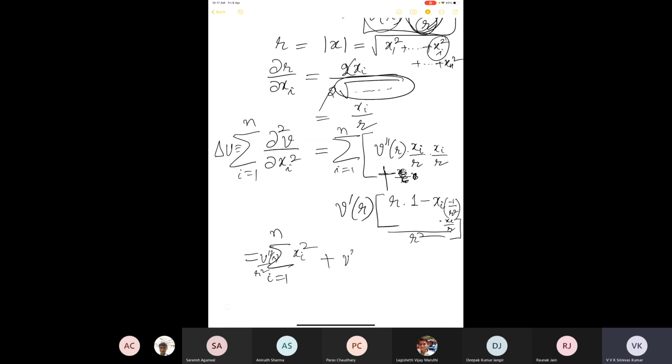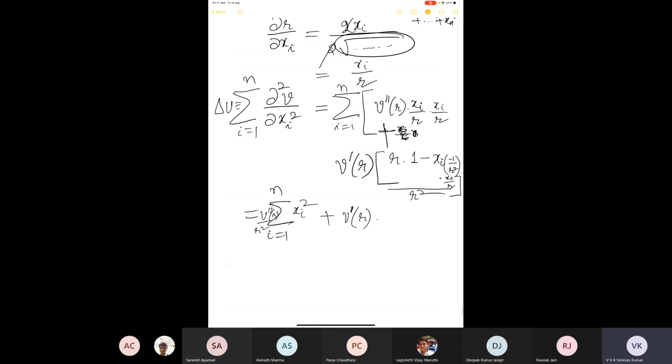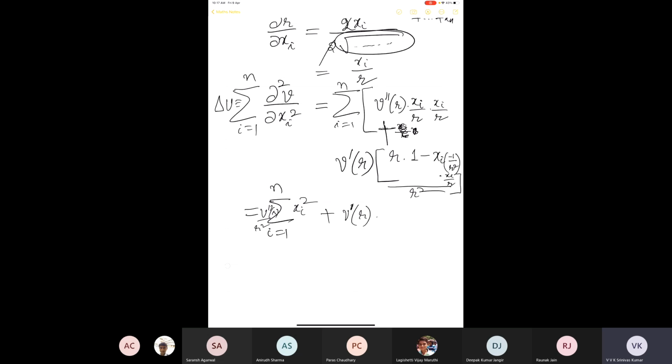Plus v prime of r I can take out, and the summation will give 1 upon r minus the summation of xi square upon r cube.